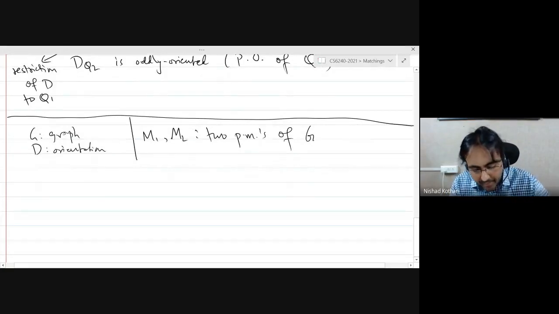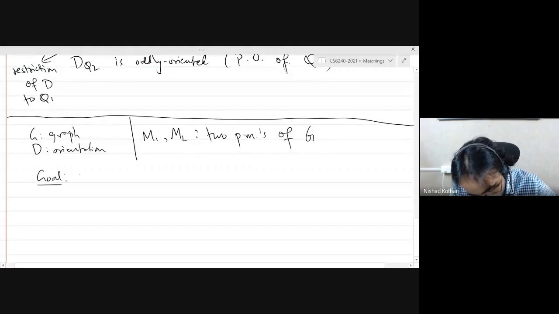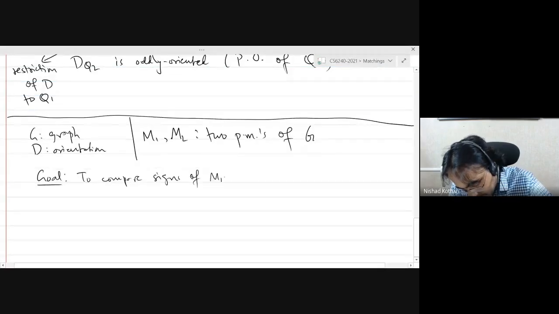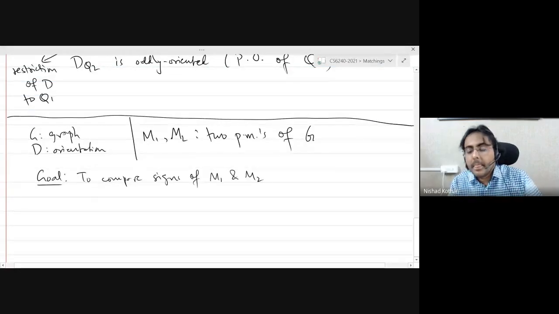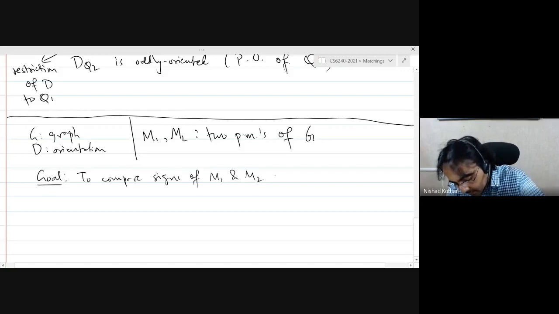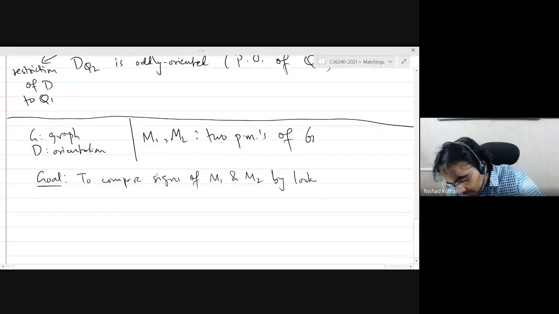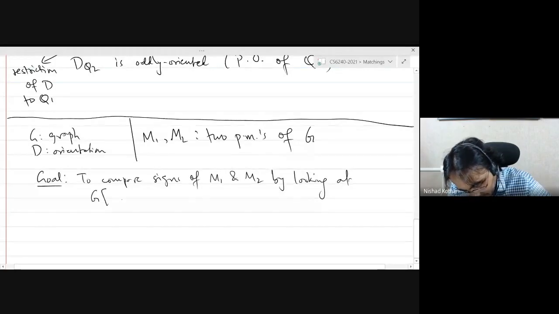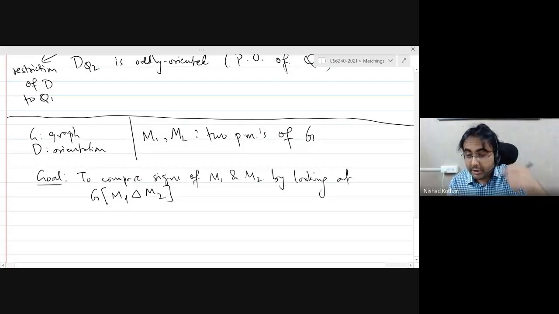if you want to compare the signs of M1 and M2, so our goal is to compare the signs of M1 and M2 by looking at the symmetric difference of M1 and M2, right? So this is going to be a bunch of even cycles, M1, M2 alternating cycles, right?